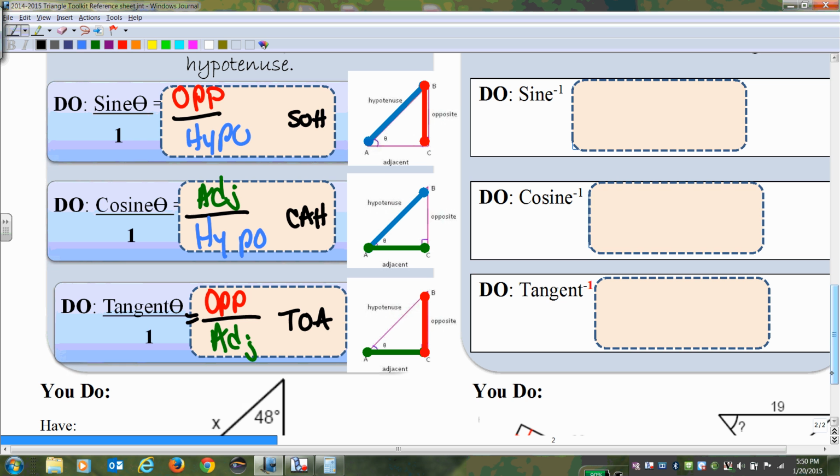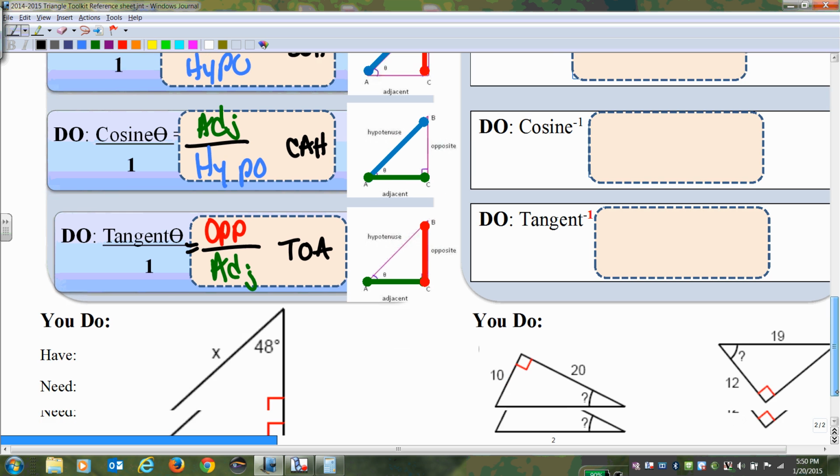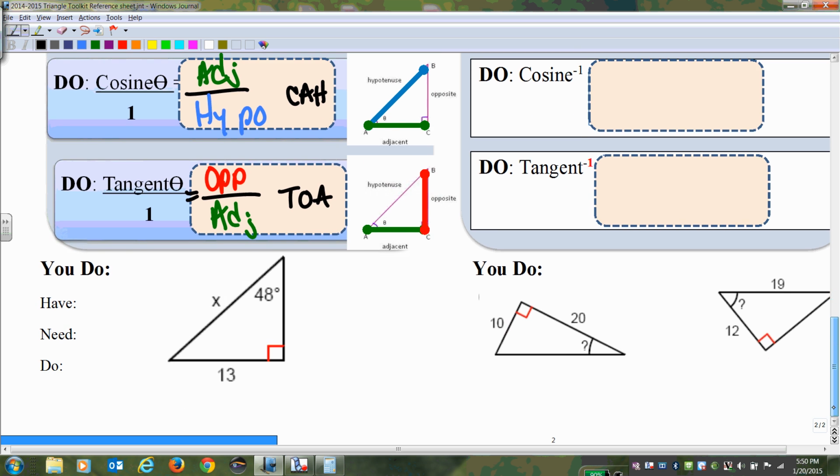Let's do a sample problem for SOHCAHTOA. We start by labeling theta, the angle we're working with. This is opposite.